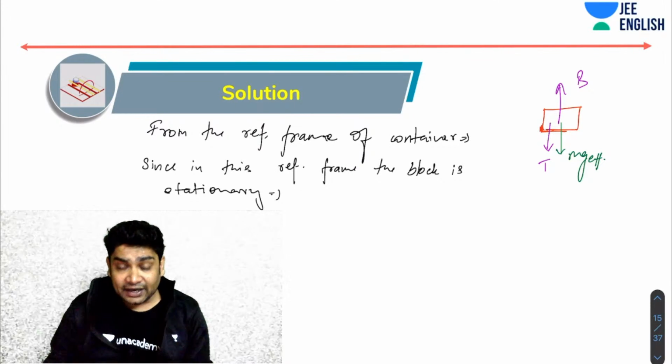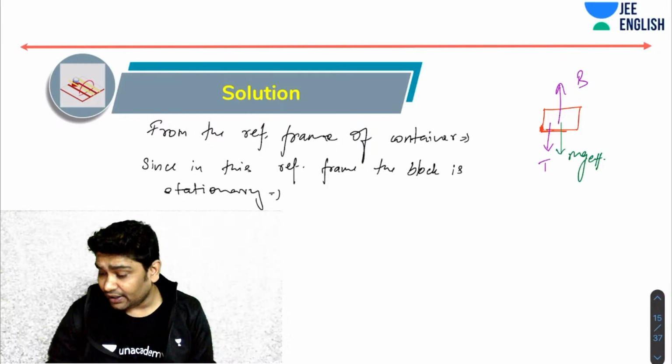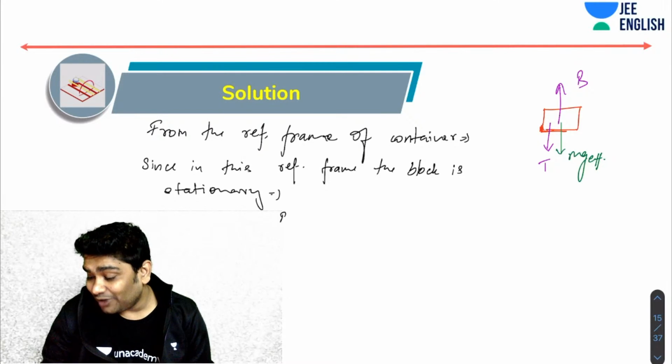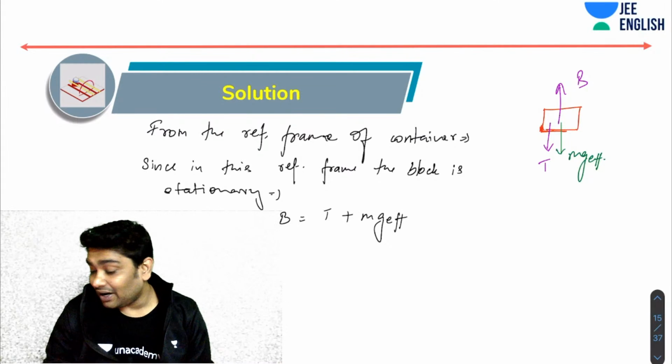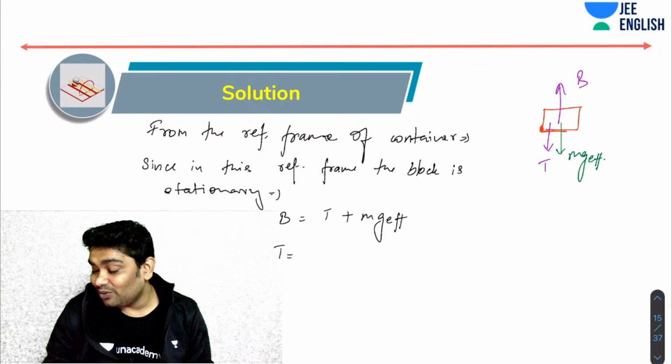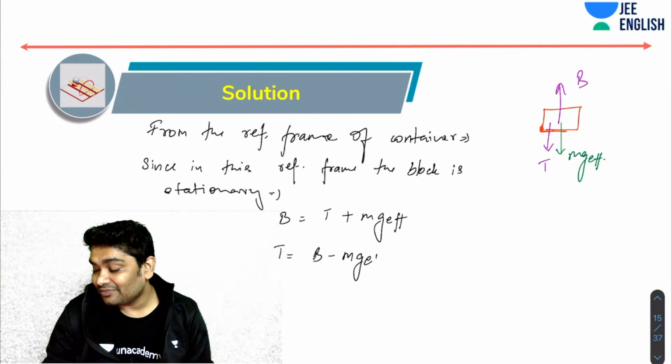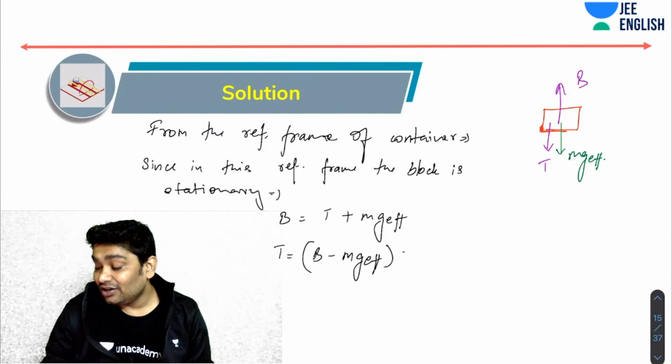I expect the net sum of all the forces to be zero, correct? So can I say buoyant force should be equal to tension plus m g effective, or I can also say T would be equal to buoyant force minus m g effective, correct? Now what is the buoyant force?